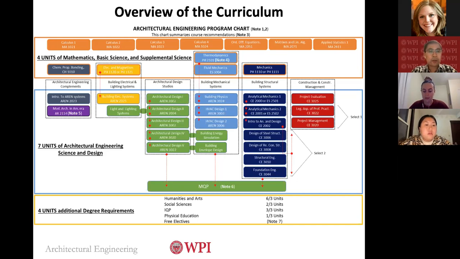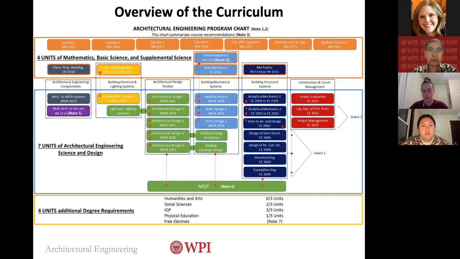In total, there are going to be 16 units to graduate, and each term, like each quarter of the year, is 1 unit. So it's 4 by 4, that's 16 units. Out of the 16 units, architectural engineering requires 15 units to graduate.